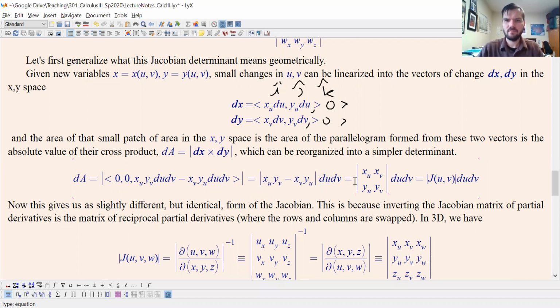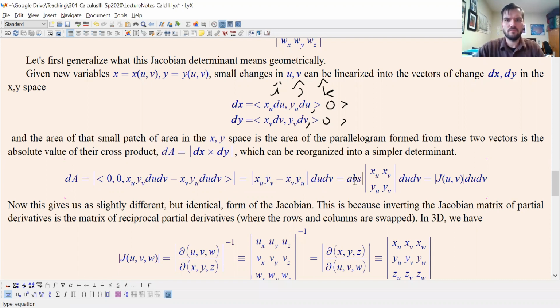And then that absolute value is a difference of products. Notice there's an x here and there's an x there. Let's group that in terms of the first row, x sub u, x sub v, and then a y sub u, y sub v. There we go, reordered.